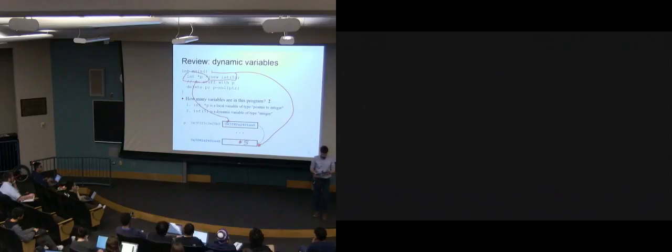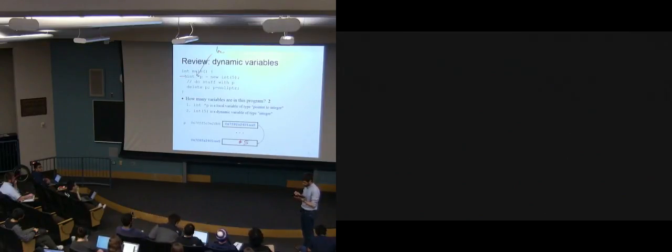When we create a dynamic variable, that means we get another object in our program. So from this line of code right here, we get two objects. One is a local variable, and one is a dynamic variable. And we see that we have two boxes in our memory diagram, one for each object. More questions?